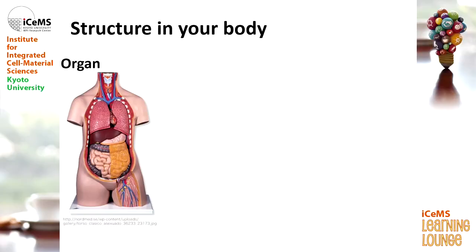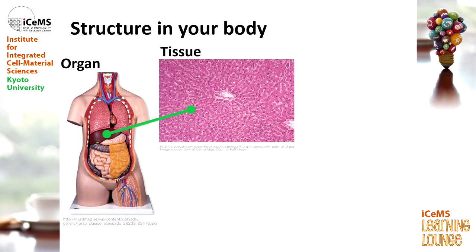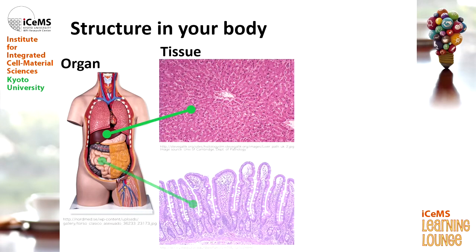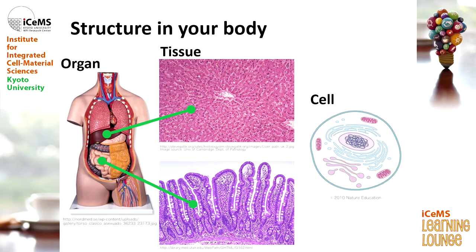And you have also something similar in your body. If you look inside your body, you have several kinds of different organs. And if you take a closer look at these organs, then you have these kinds of patterns. And these patterns are all coming from cells. Cells are spontaneously putting together, and they form these patterns. And these patterns are so-called tissues.